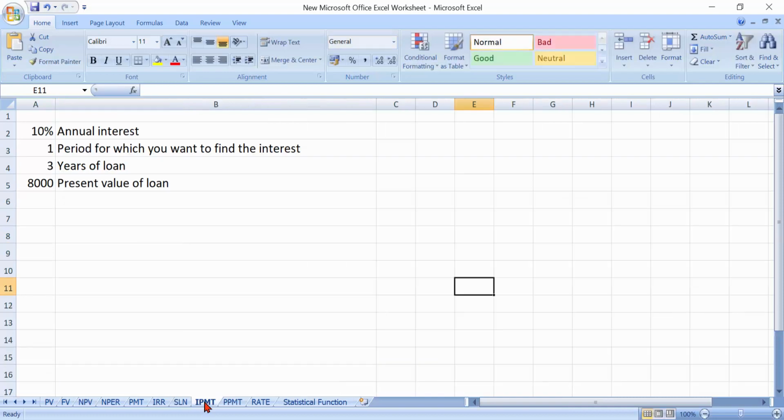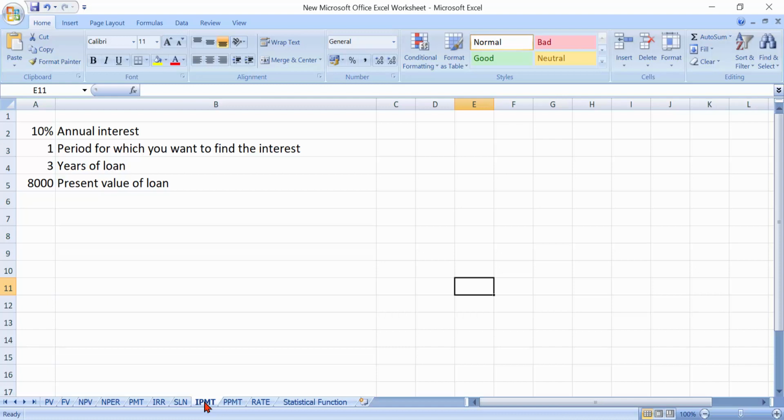Now next function is IPMT. Now this function returns the interest payment for a given period for an investment that is based on periodic or constant payments and a constant interest rate, right?